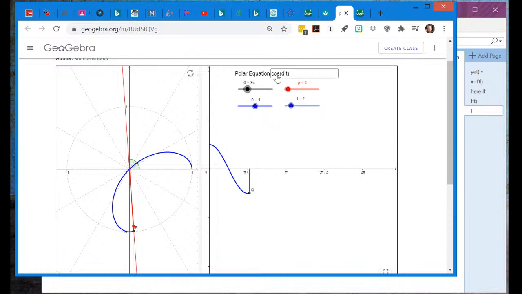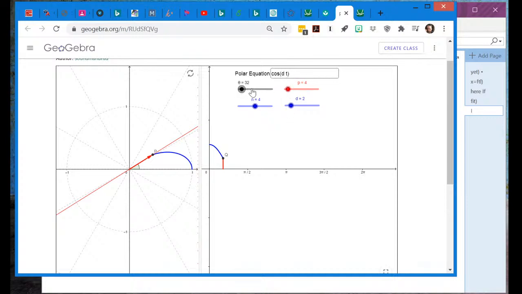If we plugged in here cosine of 2 times 90, that would be cosine of 180. That's cosine of pi. Cosine of pi is -1. And so instead of moving +1, I'll go -1, and there's my point.